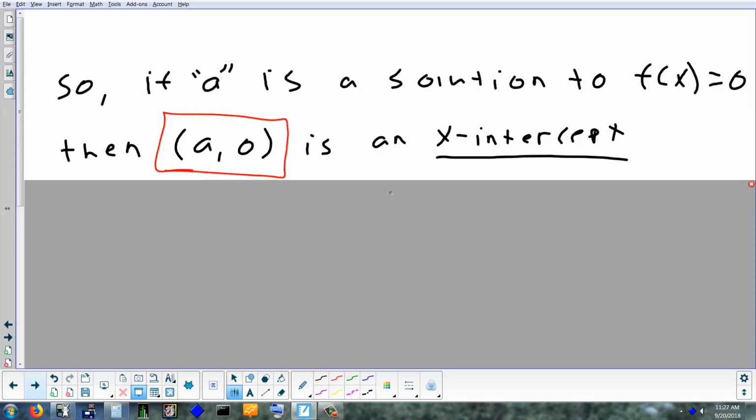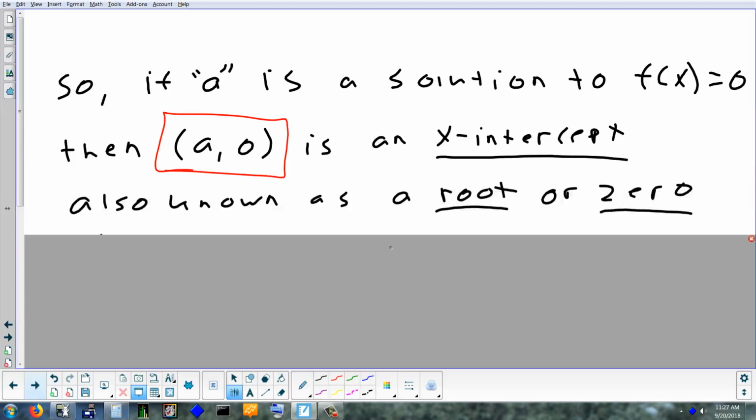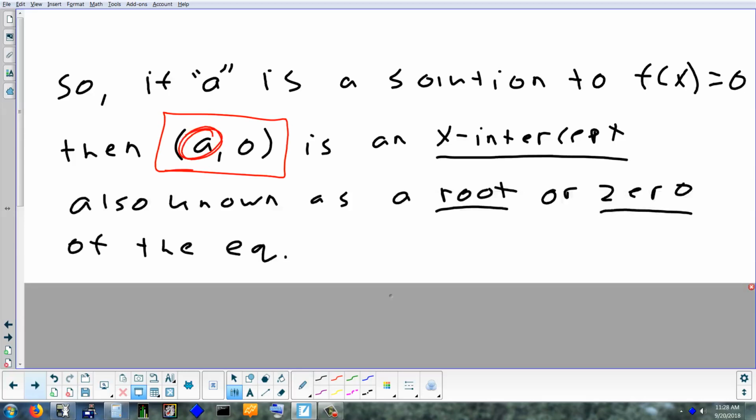So a number that you plug into an equation that gives you 0 is the coordinate of an x-intercept. That number that you plug in right there is called a 0 or a root of the equation.